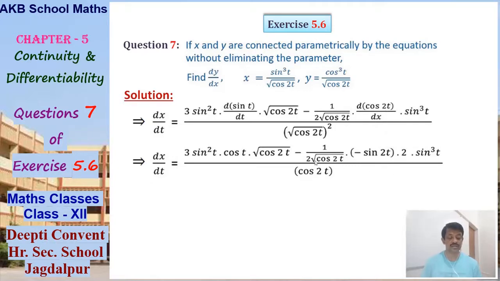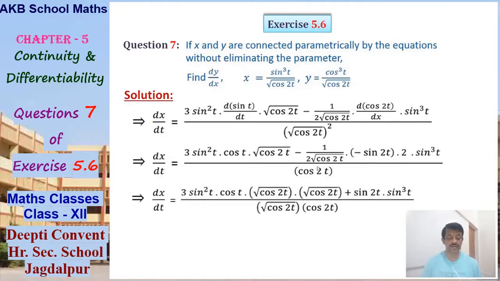The 2 cancels here. Similarly here, taking LCM, and root cos 2t goes to the denominator. Root cos 2t is multiplied, and cos 2t is a single cos 2t.